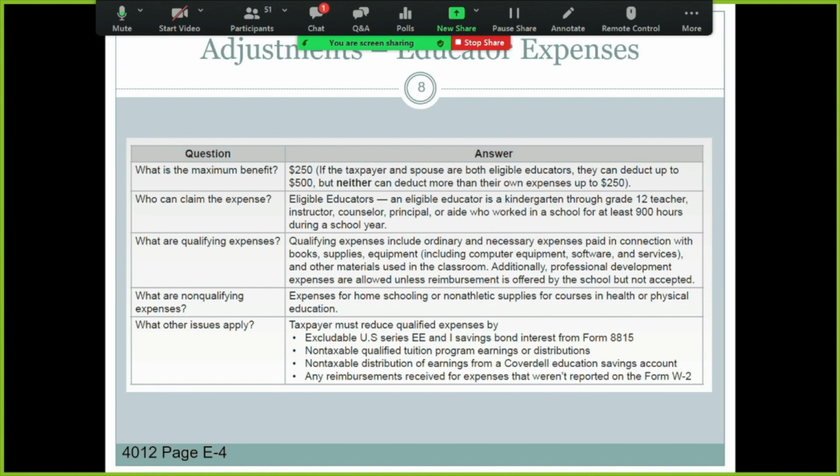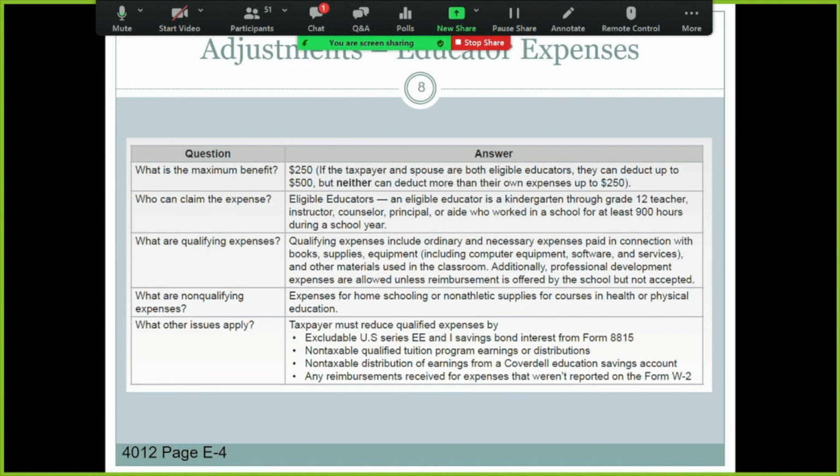What are the qualifying expenses? They include expenses that are ordinary and necessary, such as books, supplies, equipment, including software, and other materials used in the classroom.